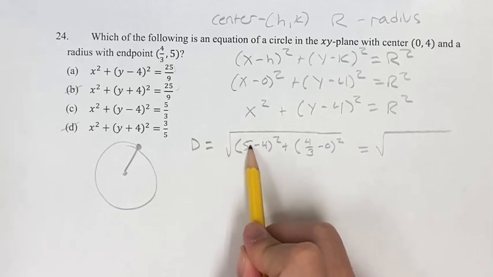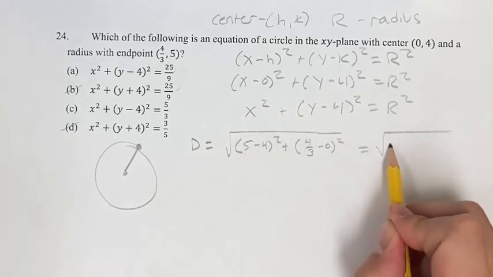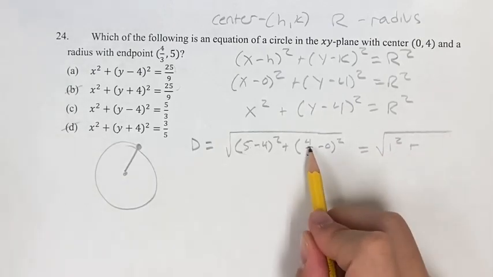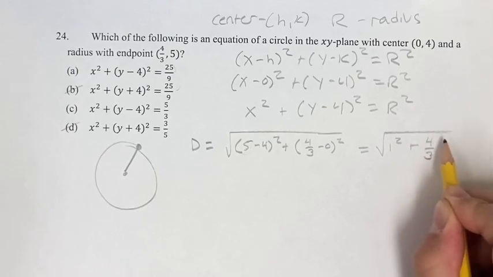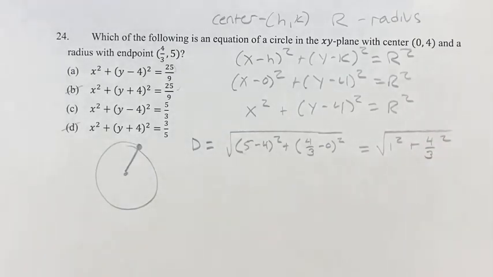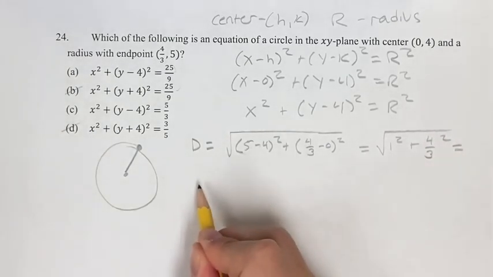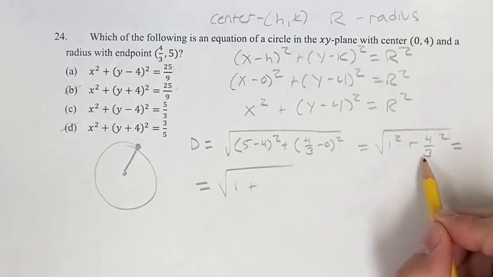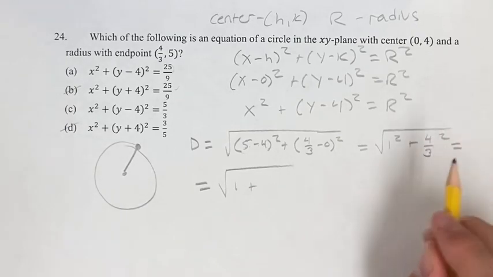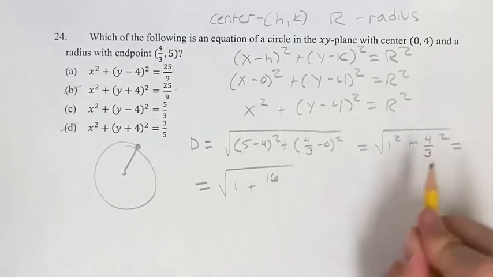This is the difference in the y values squared. So we have 5 - 4 is 1, squared, plus 4/3 - 0 squared, which is (4/3) squared. So doing this here, the square root of 1² is 1, plus (4/3)² is 4² which is 16, over 3² which is 9.